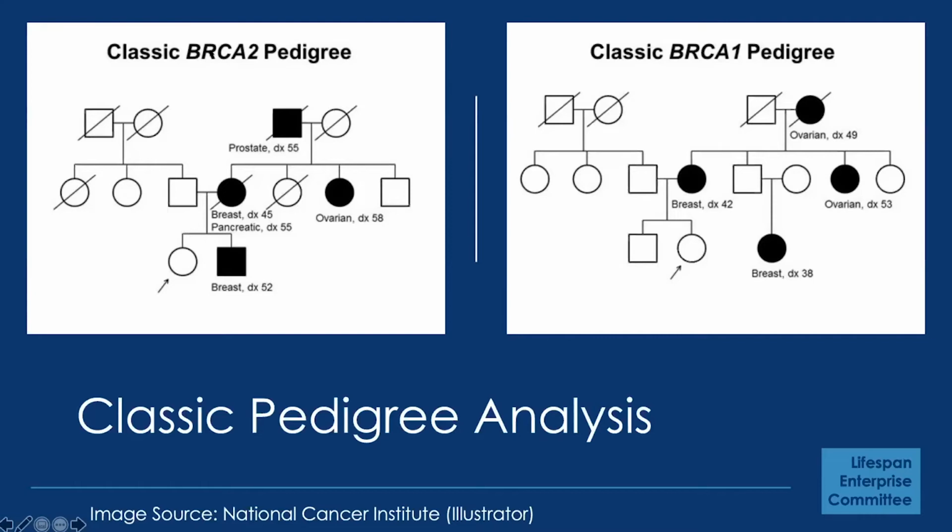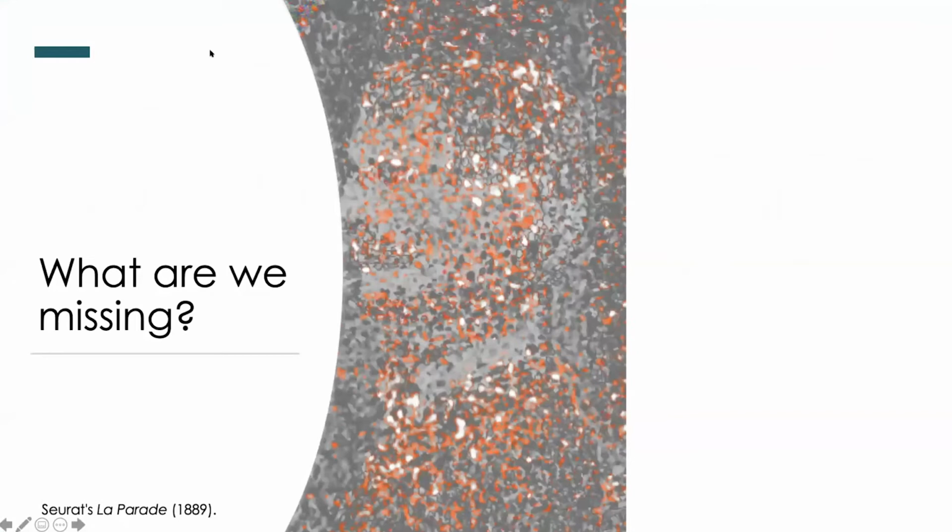Using information about cancer patterns in the family can narrow our search and lead to important discoveries. However, many of the highly penetrant genes have been discovered, and this method is no longer yielding powerful results. Genome-wide association studies have also come up short. So I would like to discuss new ways that we can think about utilizing the information that comes from family history of cancer.